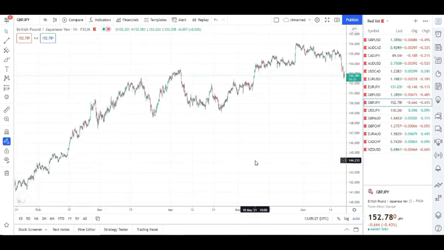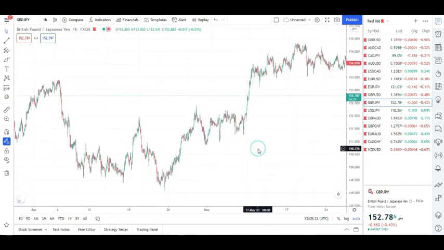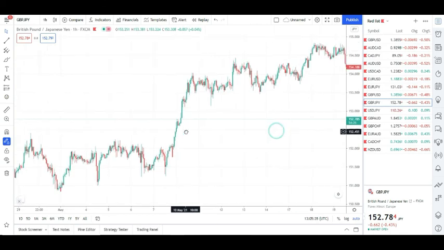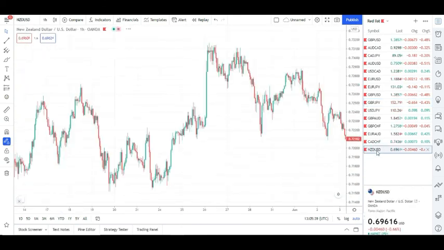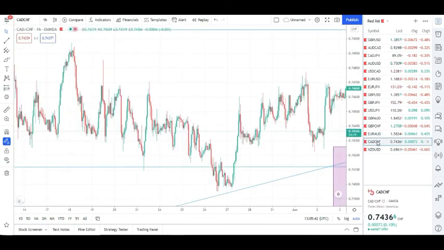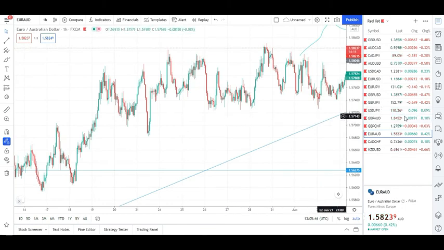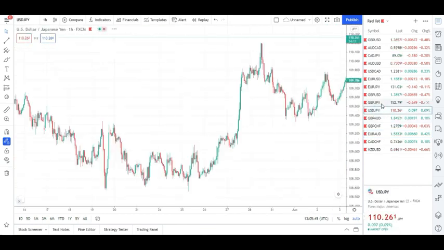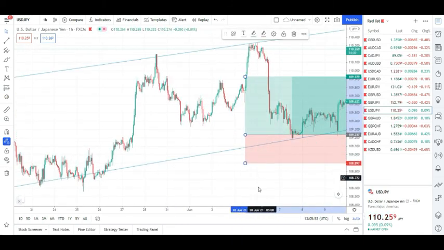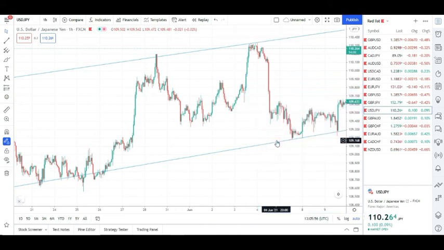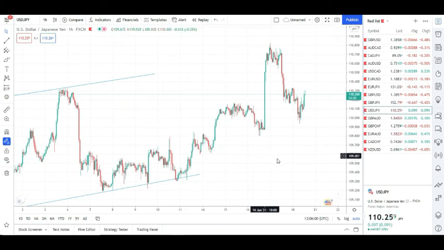So you can see this market, right? Let me zoom in so that you can see. Let me remove this, because I need to explain how you place an order.